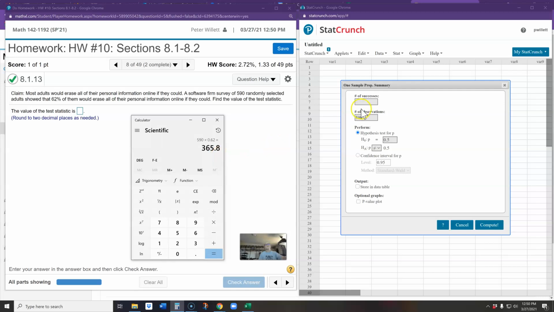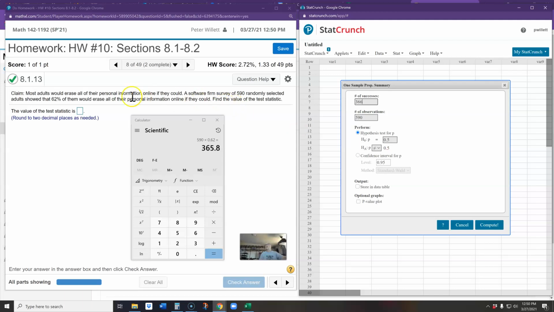365.8, so this needs to be a number of successes. We'll round that off to the nearest whole number of 366. So 366 successes out of 590 would be 62%. Once you've put those in, we then want to look at the hypothesis test that we're matching against.